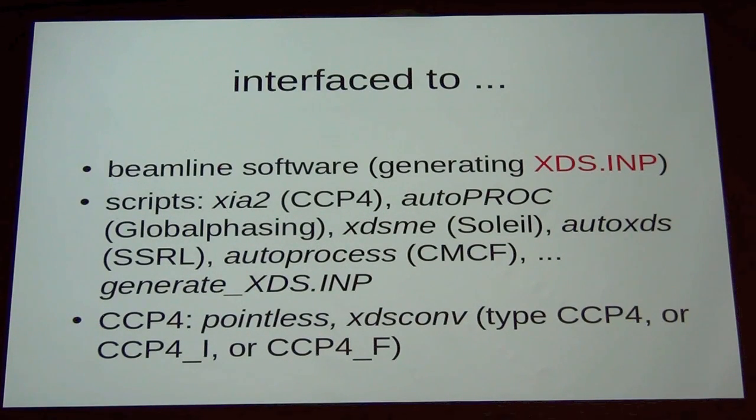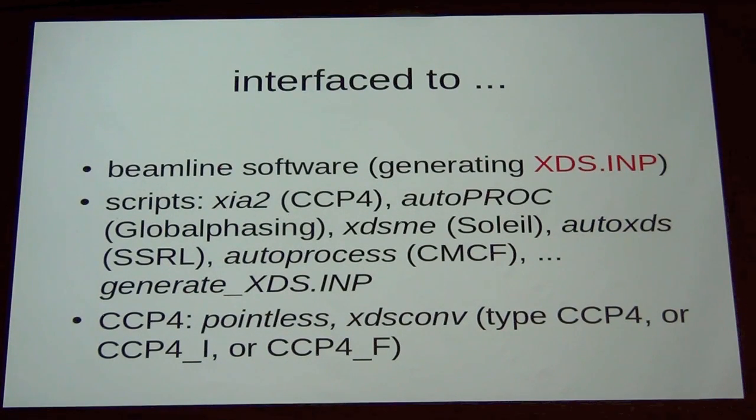Okay, if you want to use CCP4 programs, actually two ways of feeding the data from XDS to CCP4 programs. Pointless is one way. So Pointless has a mode where it just converts the scaled data from XDS into a multi-record MTZ file for use with Aimless.